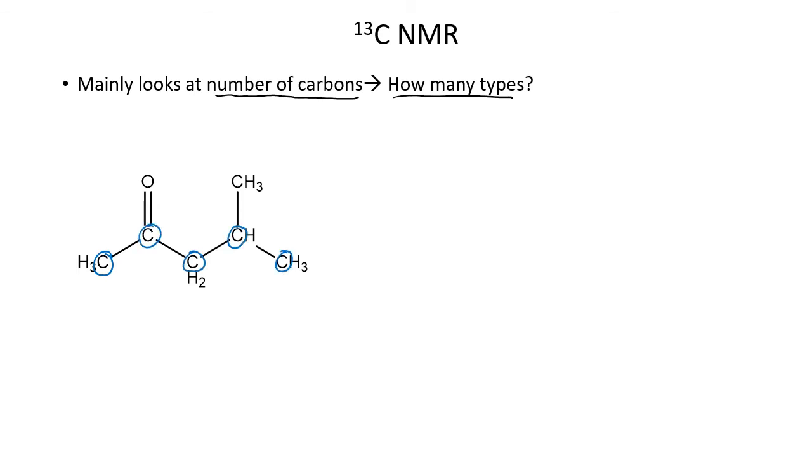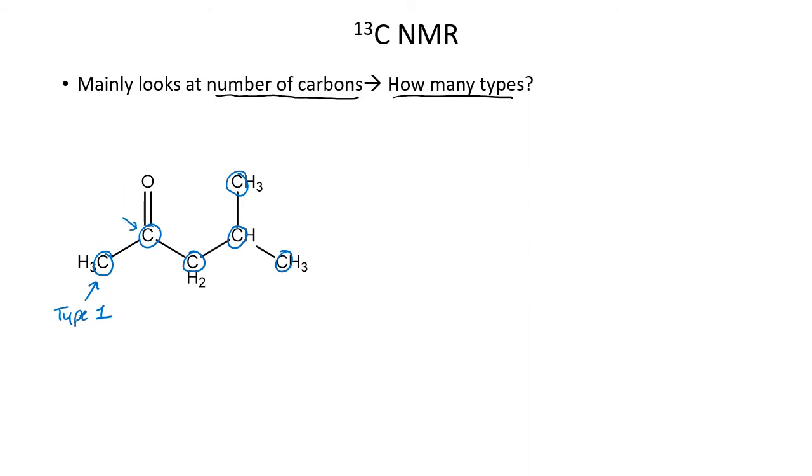So now with carbon NMR, we are focusing on carbons. So first, we want to go ahead and describe them. We have a carbon in a CH3 group directly connected to a carbonyl. So that is the only carbon that can be described in that exact way. So that's going to be type 1. We have the carbon in the carbonyl, which is the only one.